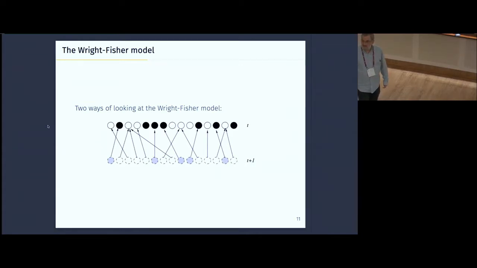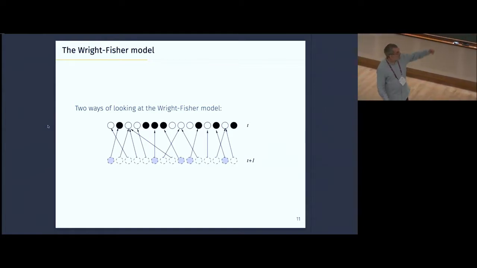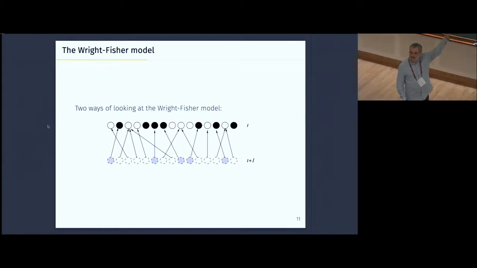And the idea of the coalescent is the following. If I have a population here, it is the result of iterating this process back in the past, since the beginning of the computer experiment, if you like. So what does it mean?